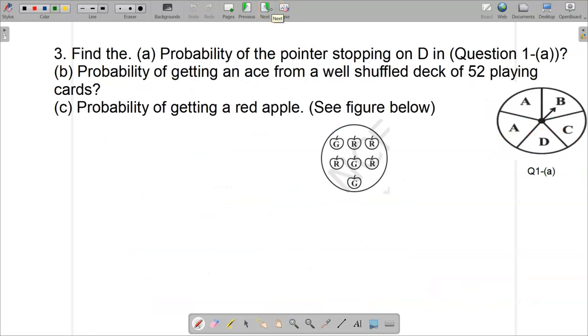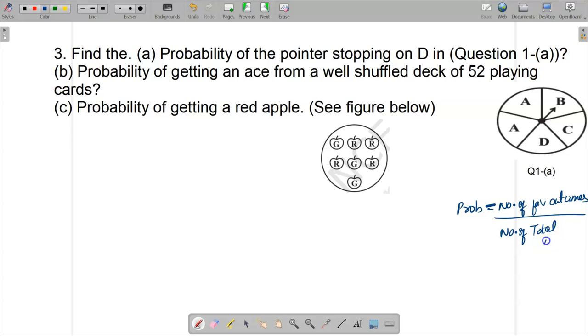Third question. Find the probability of the pointer stopping on D in question number 1A. Now they are not asking about the outcomes, they are asking about the probability. What is the formula? Number of favorable outcomes divided by number of total outcomes.